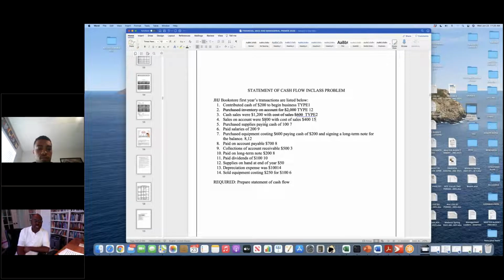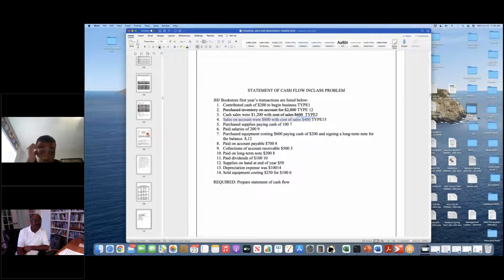Sales on account, 1,800 with cost of sales, 400. So this is a type 15. So it's not 1 through 11. So we scratch it.